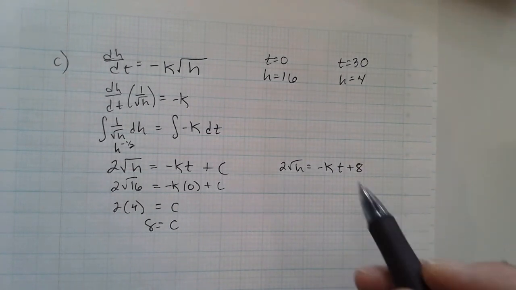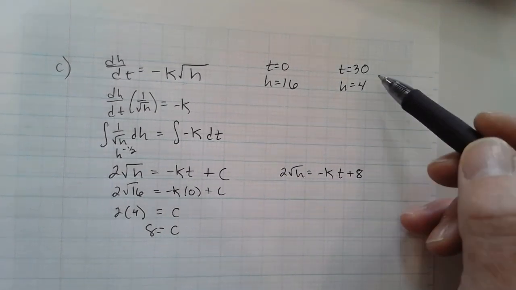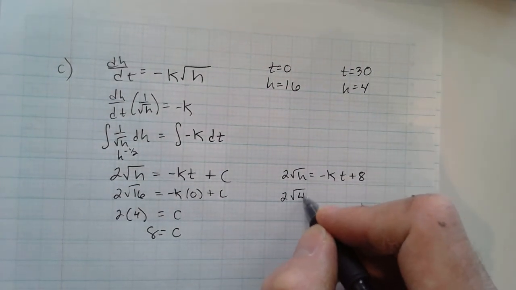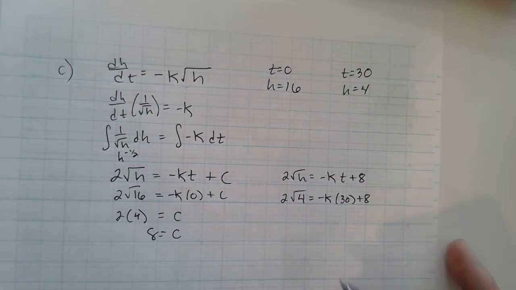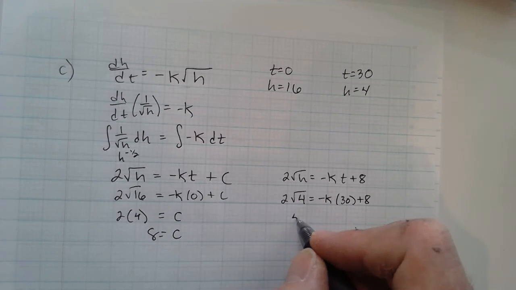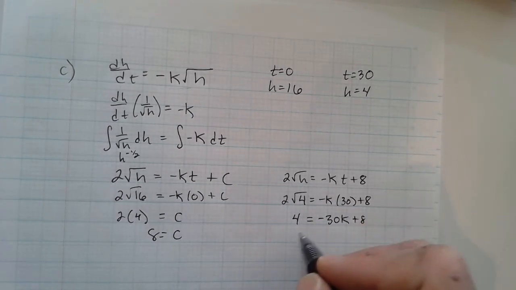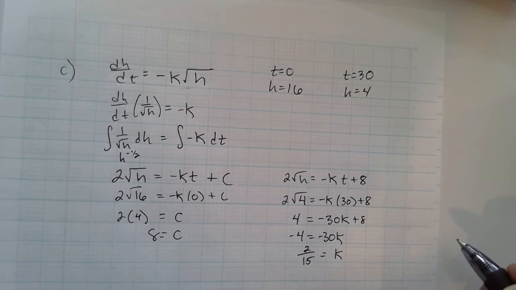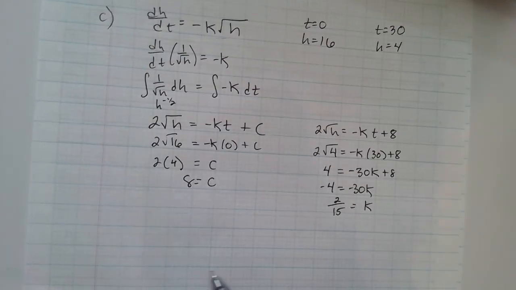And then to find out what K is going to be, we need our additional initial value. t is 30 when H is 4. So K is 2/15.